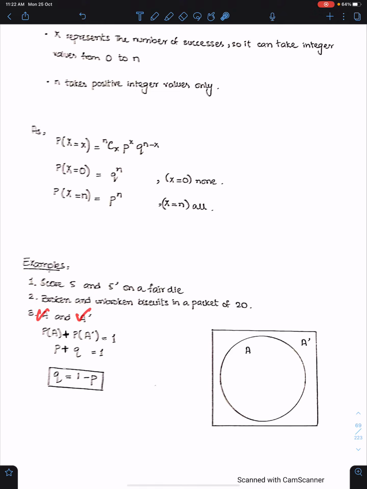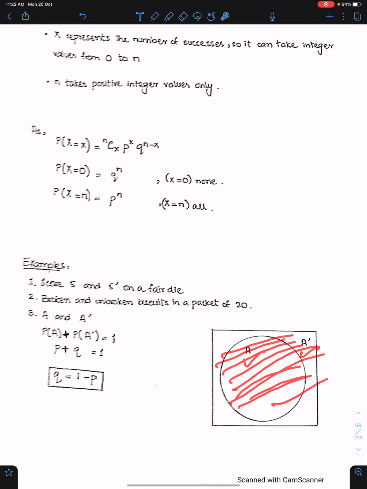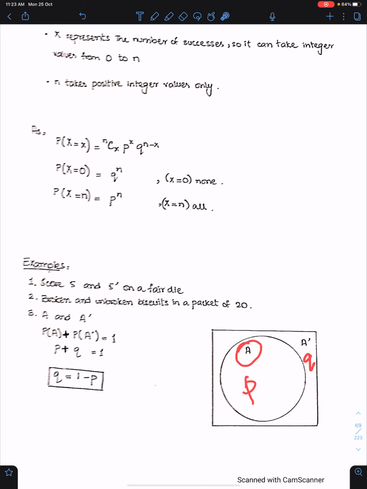A and A complement, like this, A and A complement. This is the best example of binomial model. If the probability of this is p and the probability of this is q, then p plus q is always 1, because probability A plus probability A complement is always 1.